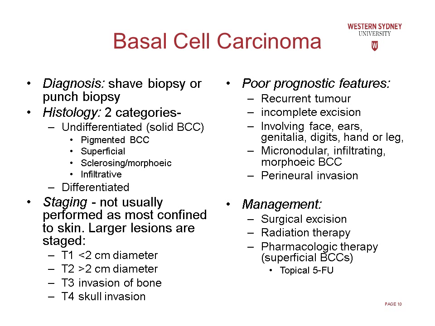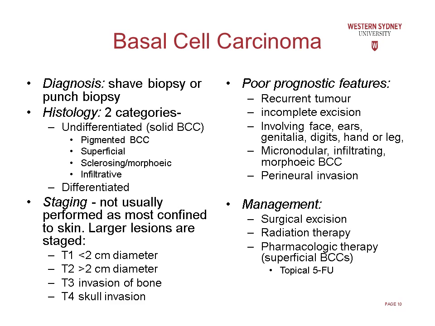Patients with a BCC present with a skin lesion, and these skin lesions need to have a biopsy, which confirms the diagnosis. It's either a shave biopsy or a punch biopsy. They're often differentiated into either the undifferentiated type or the differentiated types.